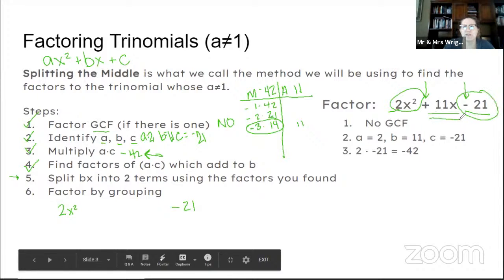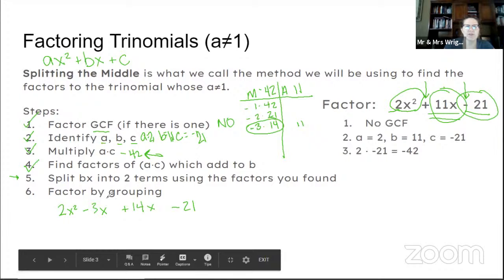Now this positive 11x, I'm going to split up into negative 3x and positive 14x, because negative 3 and positive 14, when you combine those like terms, guess what they come to? A positive 11x. So we split the middle term up into 2 terms, and that's how we get the name for this process called splitting the middle.